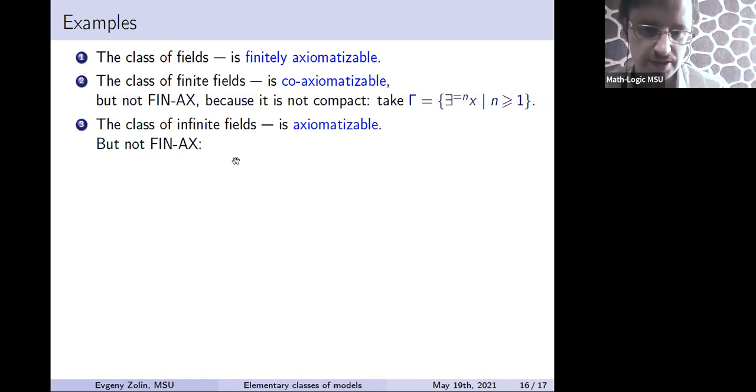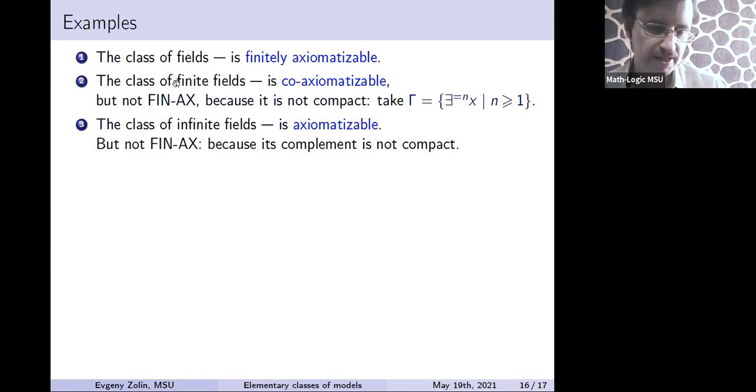because in order to be finitely axiomatizable, both our class and its complement must be compact. But its complement is not compact, because this set gamma is satisfiable in the complement. So what is the complement of infinite fields?